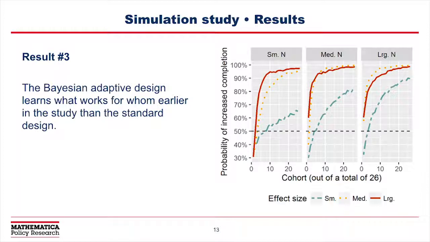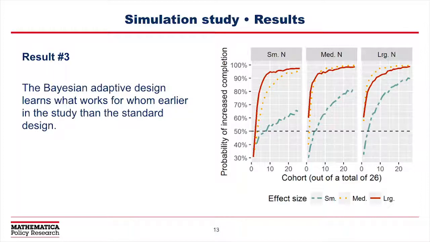And on the y-axis, I ask, how long does it take using a Bayesian adaptive design to get evidence that's as good, that's a coin flip here at 50%, as evidence from the standard design after all 26 cohorts have gone through? What you can see here is that these dotted and solid and dashed lines cross that horizontal line at 50% really, really quickly.